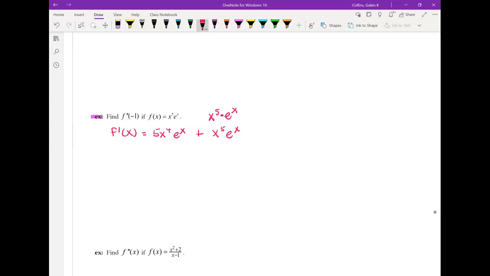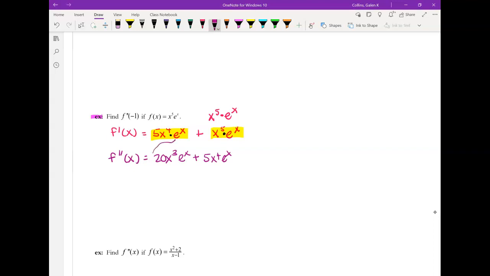It generated two terms, but now each term has a product of two different things. So when we take the second derivative, we now have to use the product rule twice. So the second derivative of f with respect to x: 5x to the 4th times e to the x, derivative of the first, 20x cubed times the second, e to the x, plus derivative of the second, e to the x, times the first, 5x to the 4th e to the x.